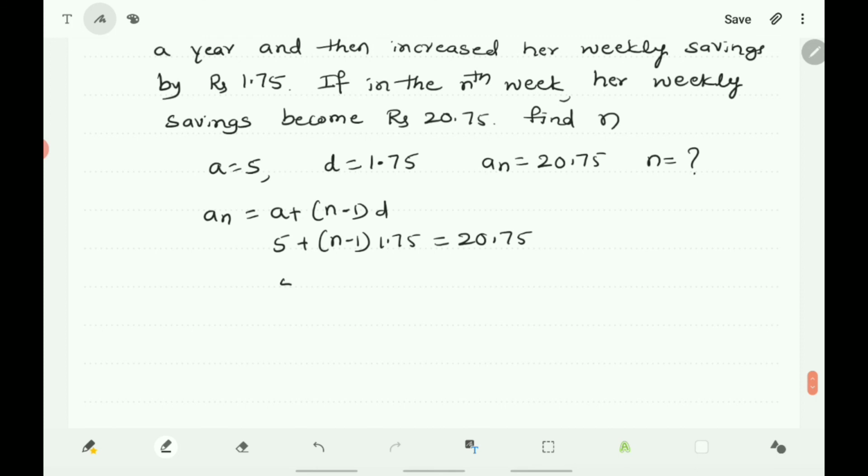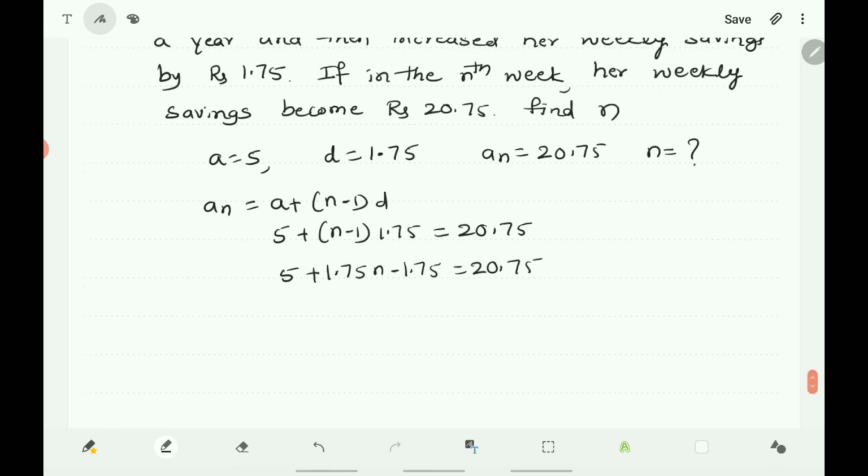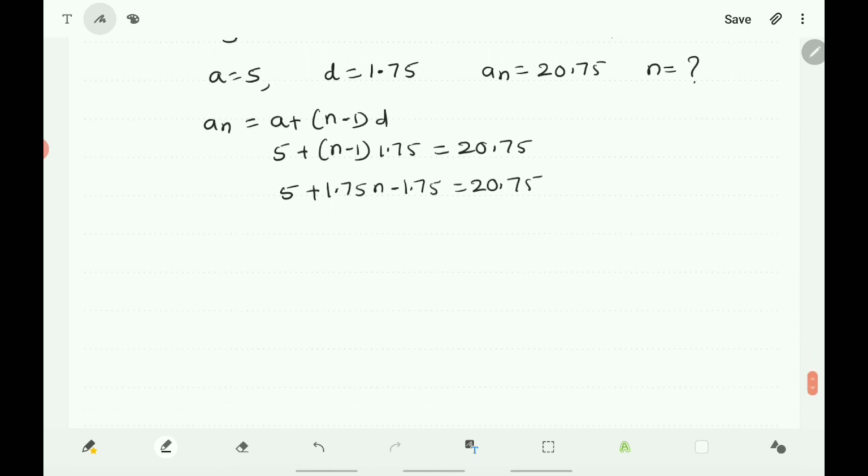Then 5 plus N into 1.75 is 1.75N, minus 1 into 1.75 is 1.75, equal to 20.75. Then 5 minus 1.75, that is 5.00 minus 1.75.